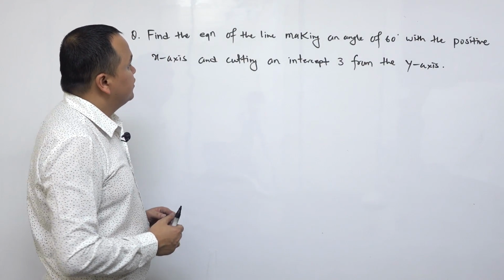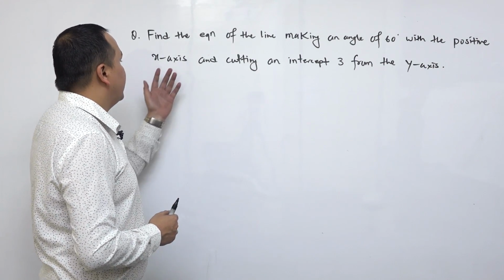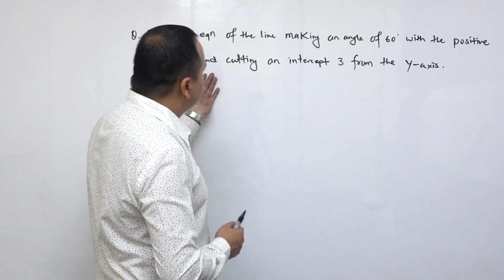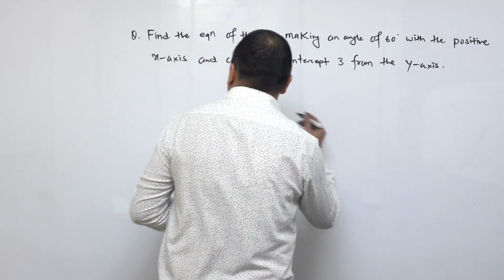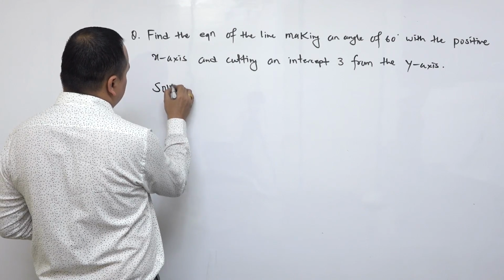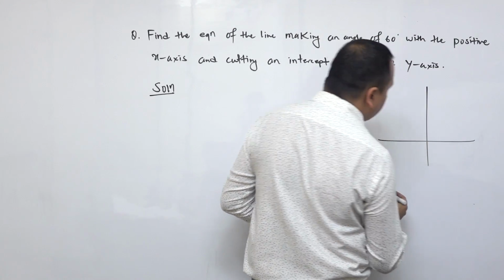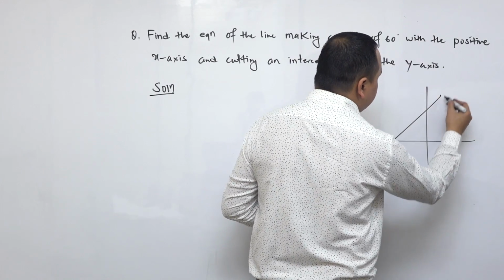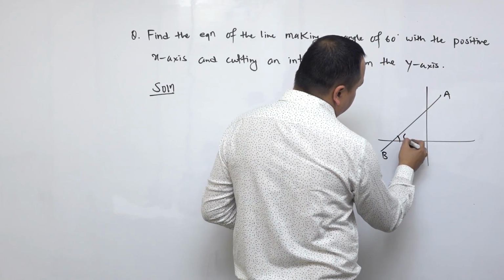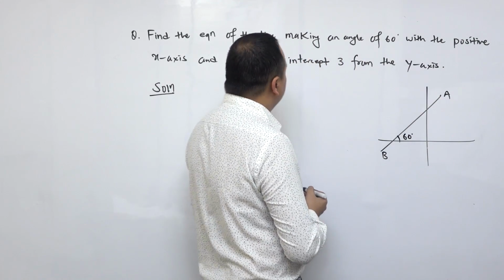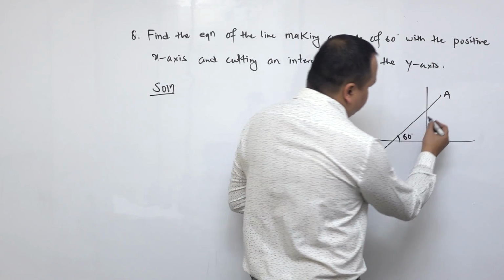We take one example. Find the equation of the line making an angle of 60 degree with the positive x-axis and cutting an intercept 3 from the y-axis. Solution. I have a line AB which makes an angle 60 degree with positive x-axis and cutting an intercept 3 from the y-axis.